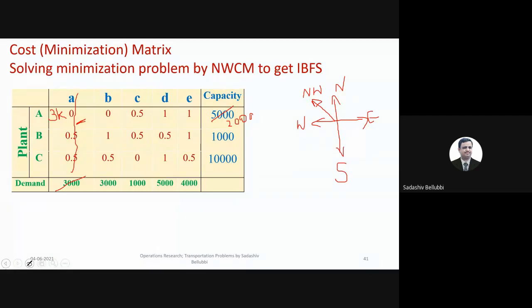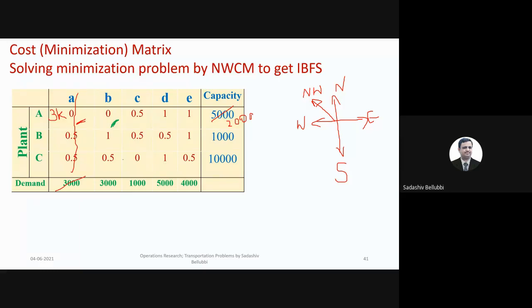The next one, which is the next northwest corner? While solving the problem in the northwest corner method, we are not concentrating on the cost; we are simply concentrating on the cell. For capital A to B, the cost is 0, but what is the supply and demand?